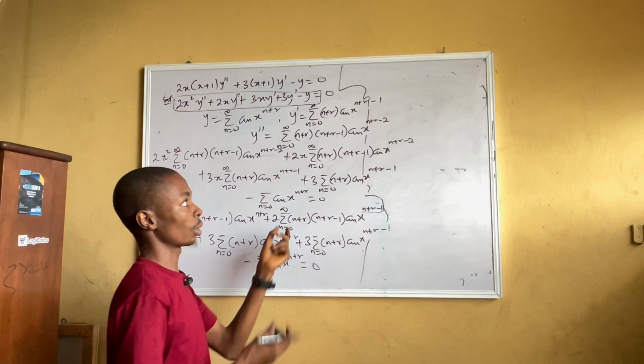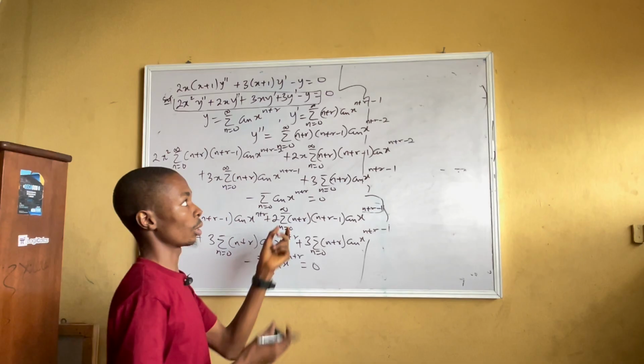So this will be n plus r plus 1, a_(n+1) instead of a_n. x^(n+r-1) will be x^(n+r), right? So let me merge all of them together. Now we have n plus r, n plus r, n plus r, n plus r, a_n, and they are now uniform. Then collect like terms, the ones with a_(n+1) and the ones with a_n on one side.